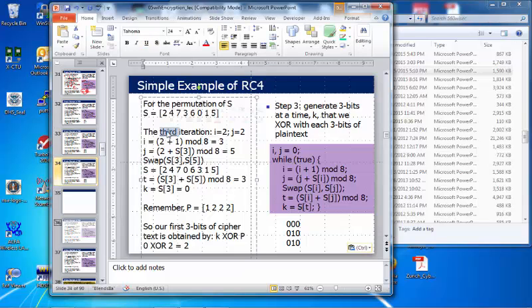So fourth iteration, 3 and 5. So 3, that is 4 and 5 and 4 as 4. Okay.